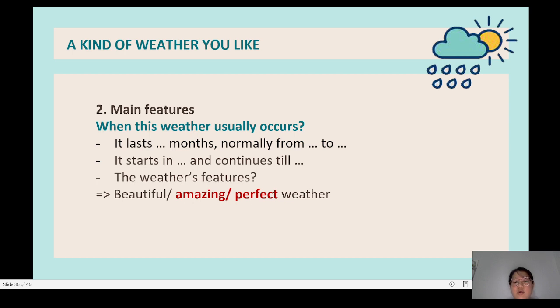On top of that, you should mention your feeling about the weather's features. That can be beautiful, amazing or perfect weather, because it is your personal idea. So the answer varies depending on your emotion.